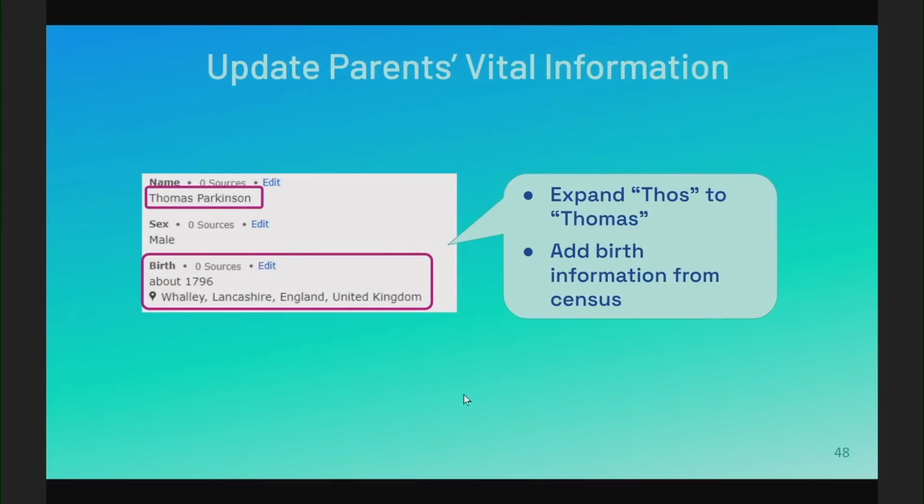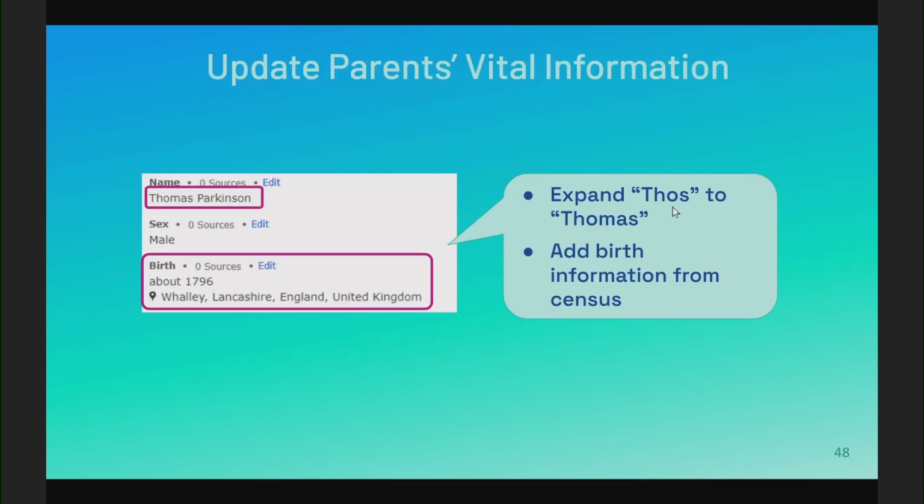So now I'm going to Thomas's page. Before, he had no vital information, which is part of the reason for the bad merge. But because I found him in the census, I was able to add his birth information and I expanded his name because THOS is a well-known abbreviation for Thomas.